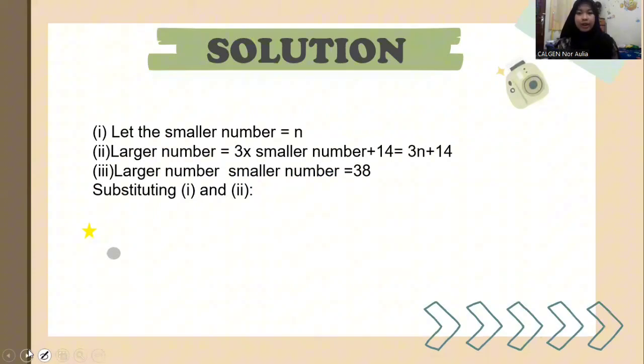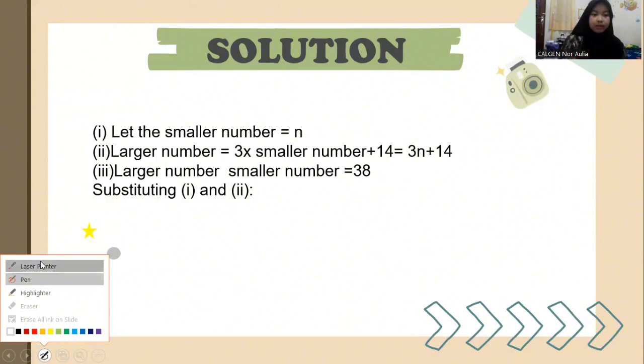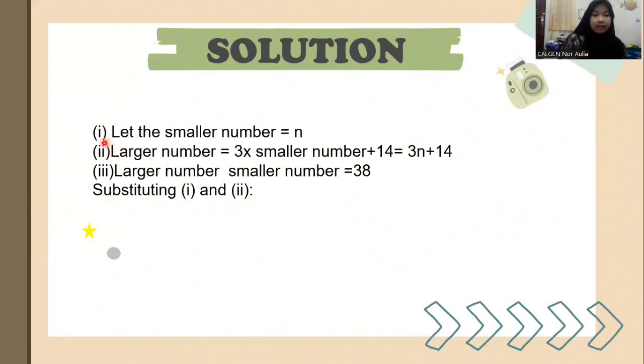So for the solution, step 1, let the small number equal n. Step 2, large number equals 3 times the small number plus 14, which equals 3n plus 14.